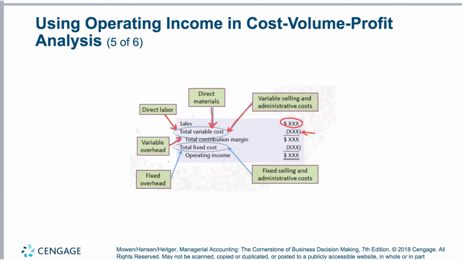You subtract the variable cost from sales, and that gives you your contribution margin. And then we have fixed costs, which are made up of fixed overhead and fixed selling and administrative expenses. If you subtract those from your contribution margin, that gives you your operating income or profit, right?